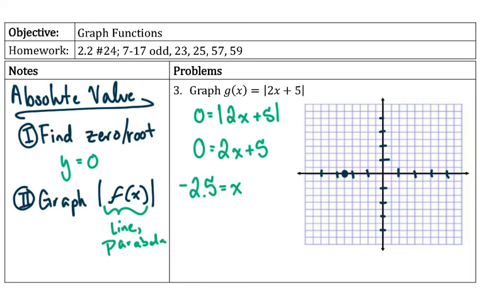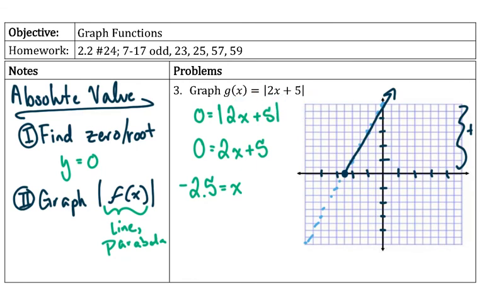So in this case, I've got my +5 here. I've got a slope of 2. And so I've got this line here. And for the positive stuff, because this is positive here, I can just draw that line in, because absolute value is no different with positive than it is with negative. Then for the other part, this side's negative.